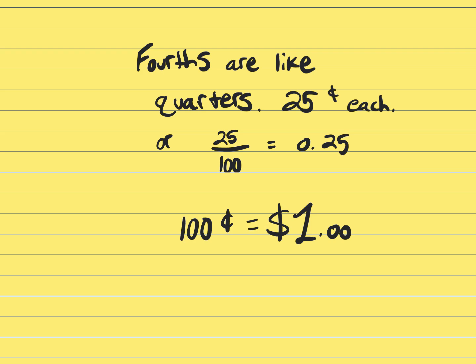So 100 cents equals $1. So if I have 4 quarters, well, 25 cents each, that equals $1. So that's what we're going to think about as we're dealing with fourths.